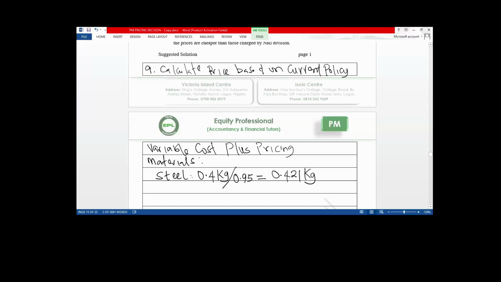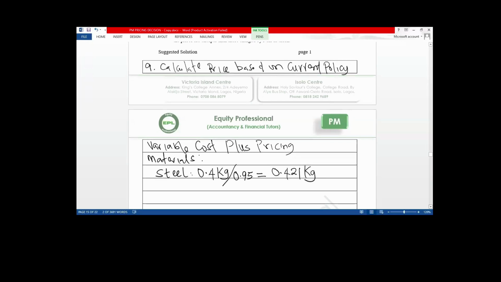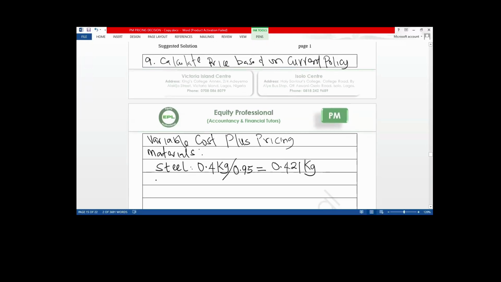Now, let's compute price per kg. You are given that steel cost is equal to 400,000 per ton. 1 ton is equal to 1,000 kg.